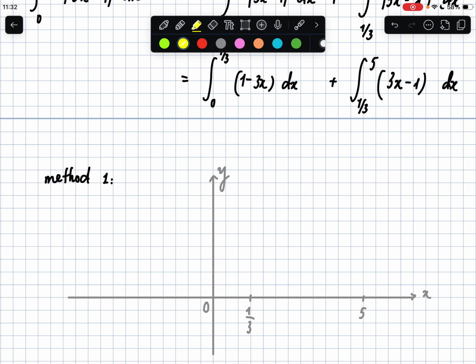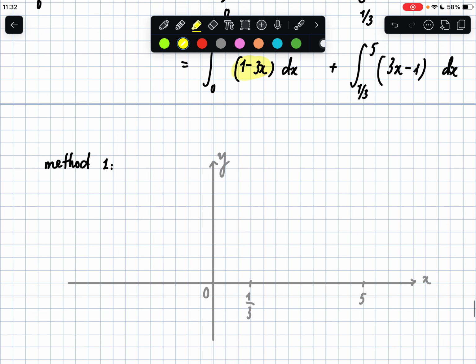The first one, 1 minus 3x, is going down like this. When x is 0, it is 1 minus 0 equal to 1. So let's say 1 is here. So the line must be this one, passing through this point and this point. I just sketch the graph. That is the first one.